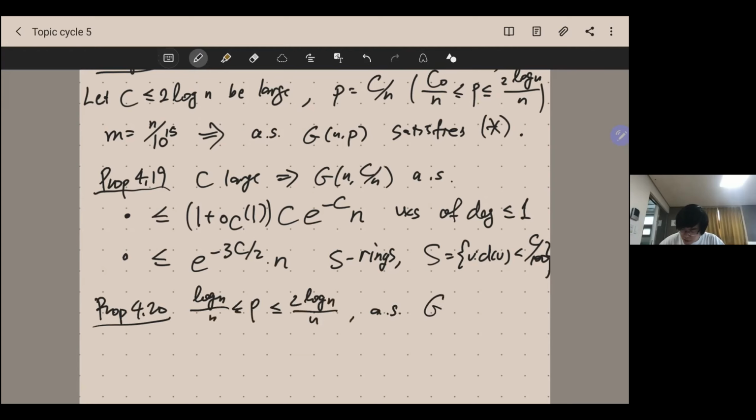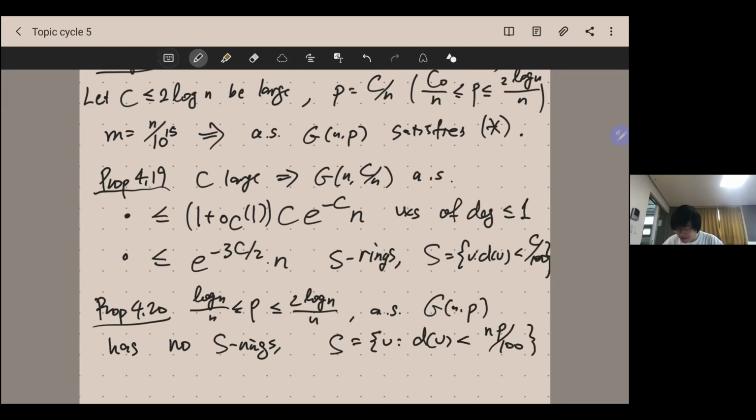Then almost surely G(n,p) has no S ring, where S is again the vertices of degree less than 1% of the expected degree. np is the expected degree, or (n minus 1) times p to be precise.